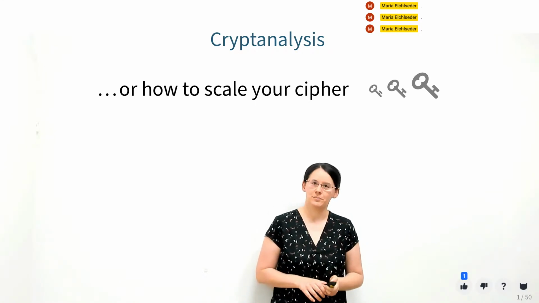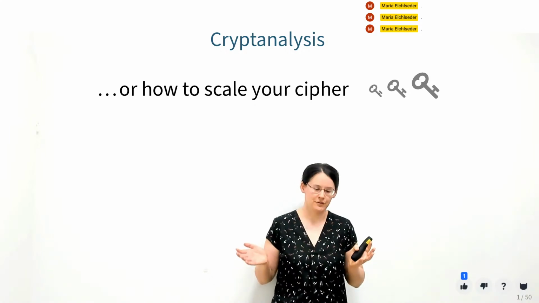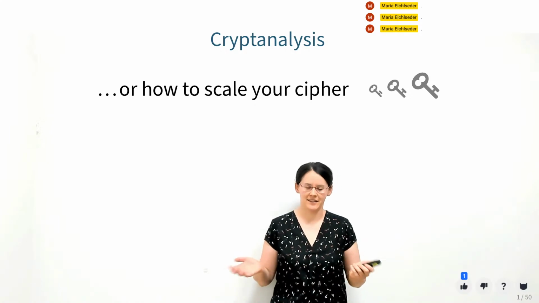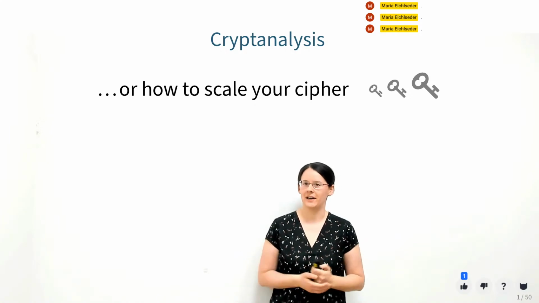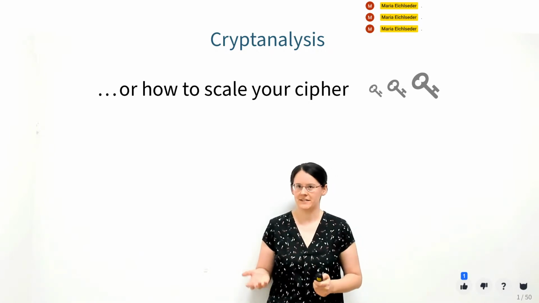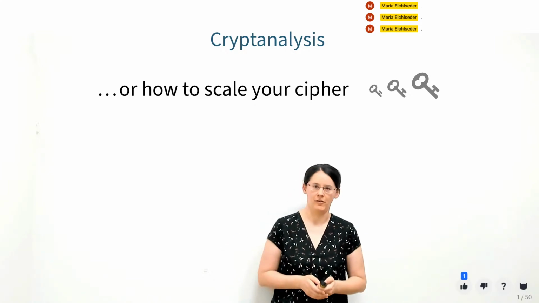And the main question behind this is always, how large does it have to be in order to achieve the security that I want? And this is essentially the main question that all of the lectures are going to revolve around. So we are going to have a look at all of the cryptanalytic methods that determine which parameter corresponds to which security level.